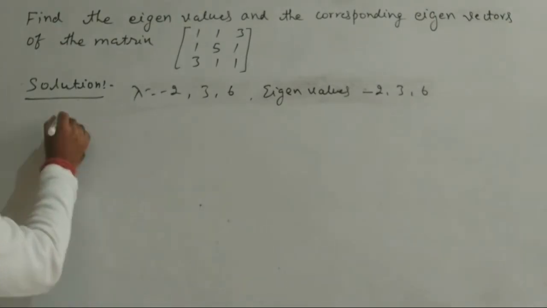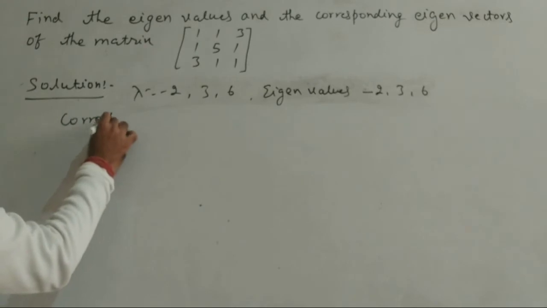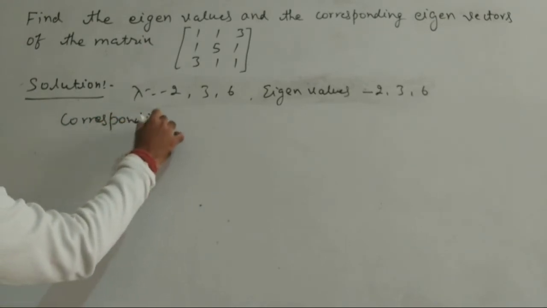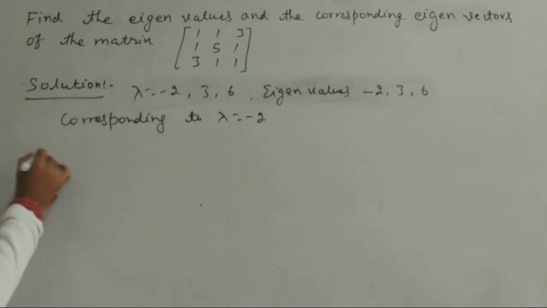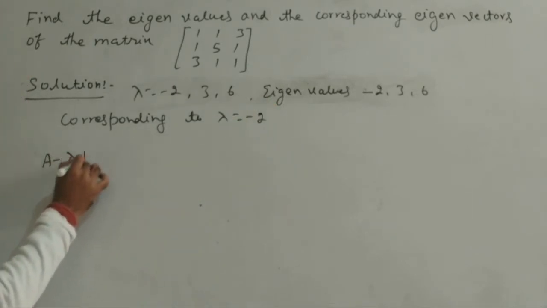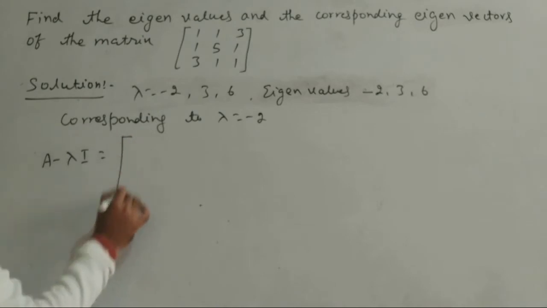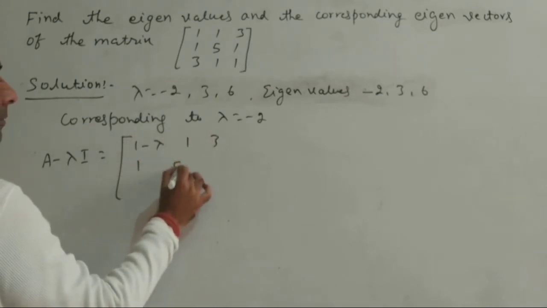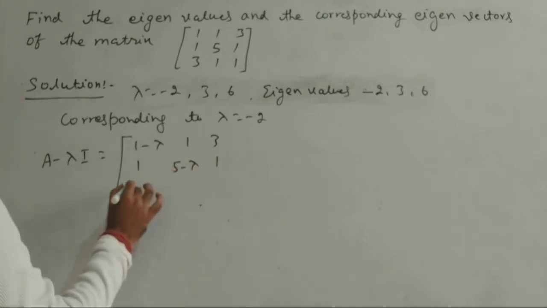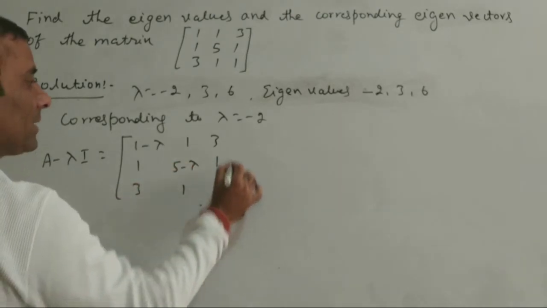Now corresponding to lambda equals minus 2, A minus lambda I, that is the matrix 1 minus lambda, 1, 3; 1, 5 minus lambda, 1; 3, 1, 1 minus lambda.